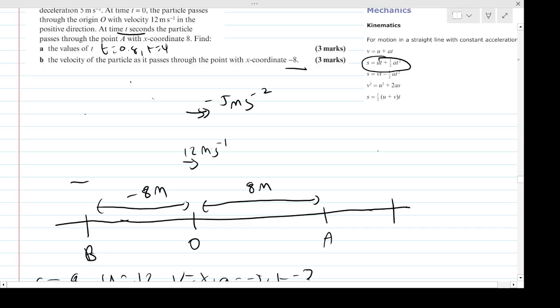Then it wants the velocity here, so v ms^-1. So what's the speed here when it passes through B? Well, I still know that originally when it moves forward at O, the initial velocity is 12. I know the acceleration is -5. I also know that the displacement, so how far away we are from our starting point O, we're actually -8 away because it's backwards by 8.